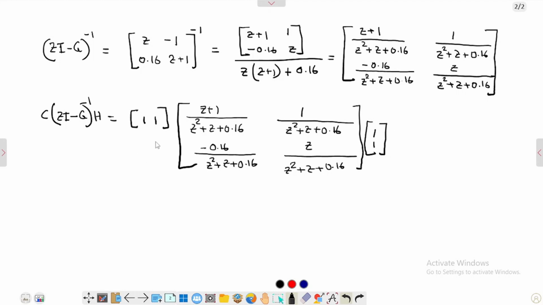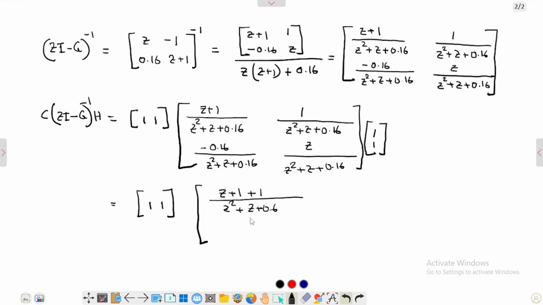First of all, I will multiply this one with this matrix. So what I get here is [1 1], and I'll multiply this one. I multiply this one with 1 and this one with 1. So we get z + 1 divided by z² + z + 0.16.